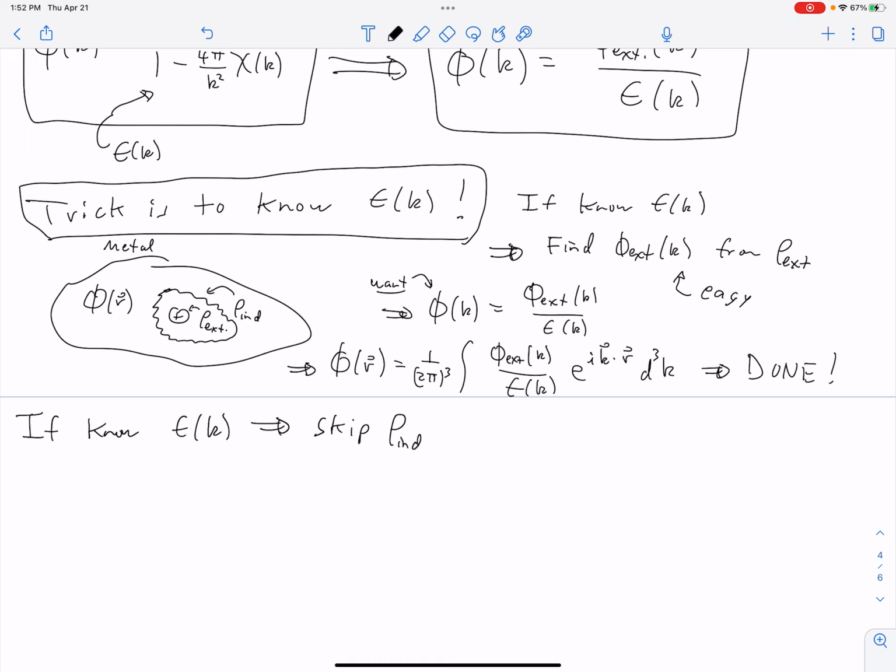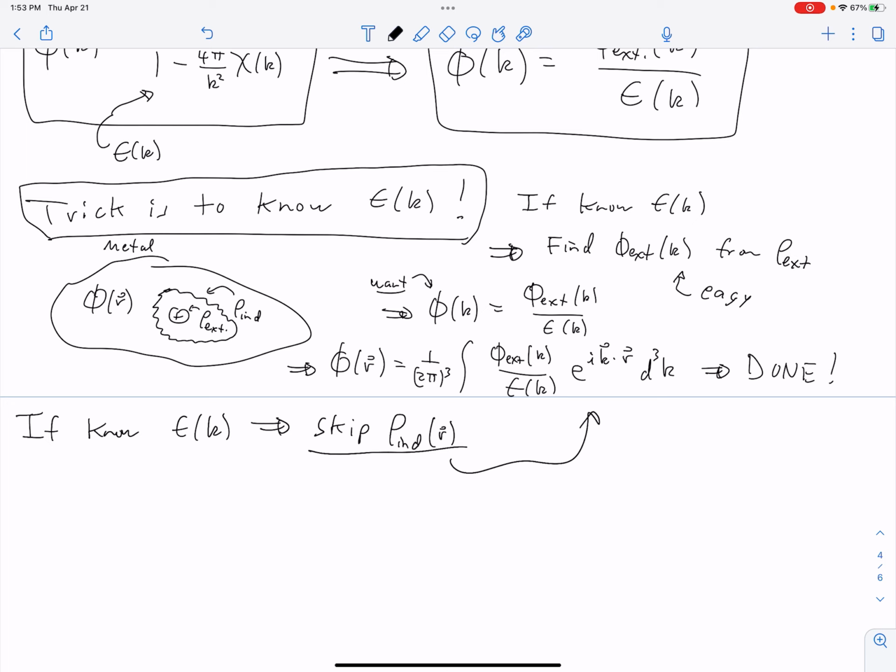We can just skip it and go right to the answer using what I just outlined above. Okay, so hopefully you can see then that the key trick is that we need to know that dielectric function.